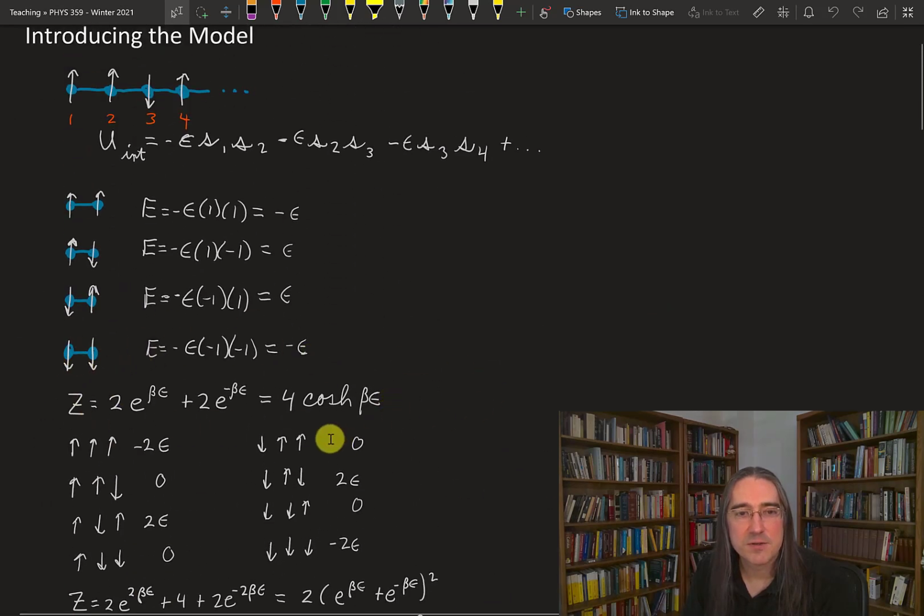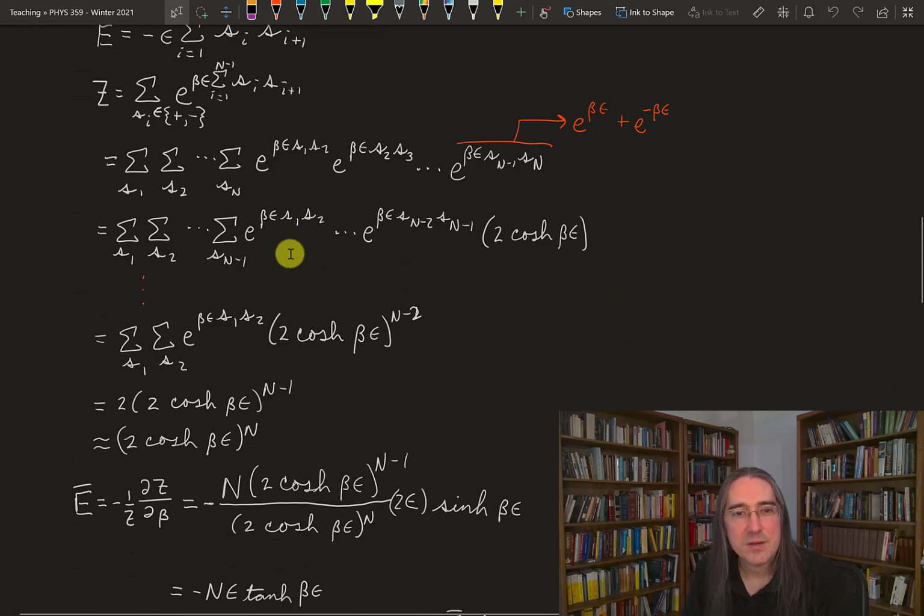We know what the partition function for 2 spins is. It's 2 times 2 cosh beta epsilon. So as we back up doing these sums until we've only got 2 spins left, we'll have n minus 2 copies of 2 cosh beta epsilon.